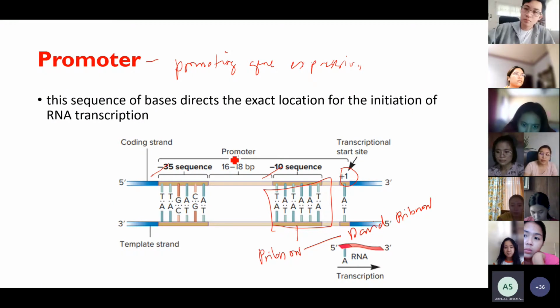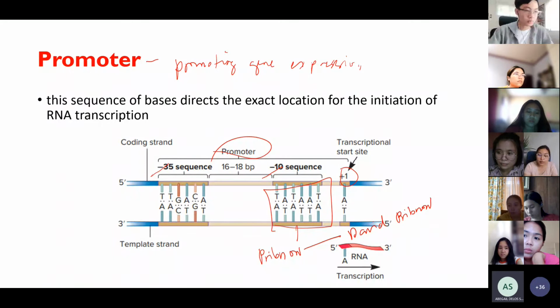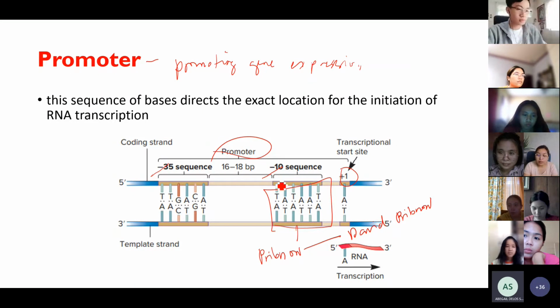So your promoter mainly consists of the -35 sequence and the -10 sequence, containing 16 to 18 base pairs in length, and it starts from the transcriptional site, which is our +1.